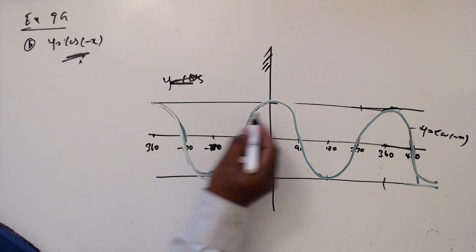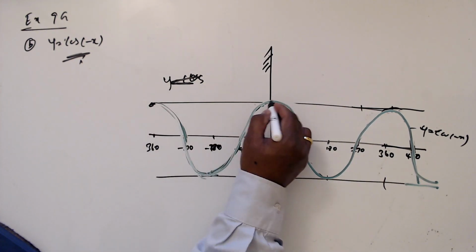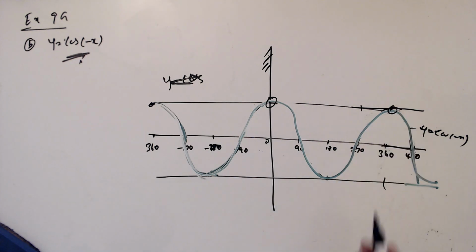Now the maximum occurs at all these points, but we need the smallest positive.